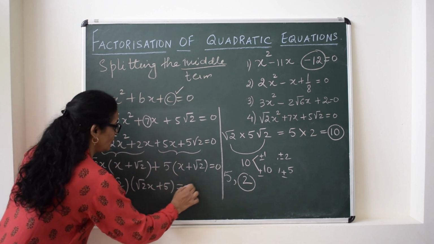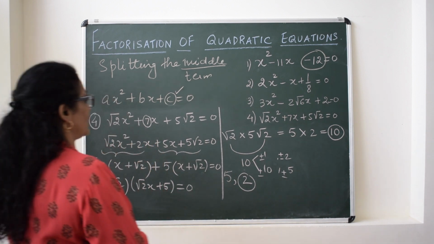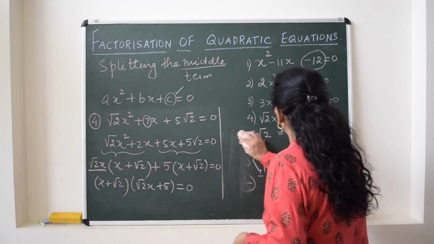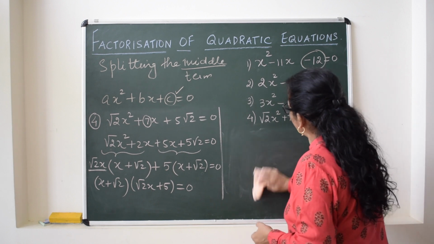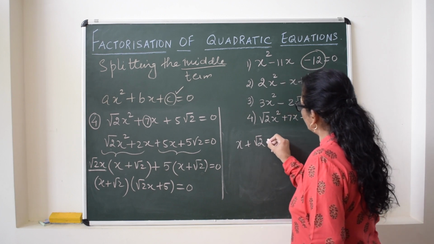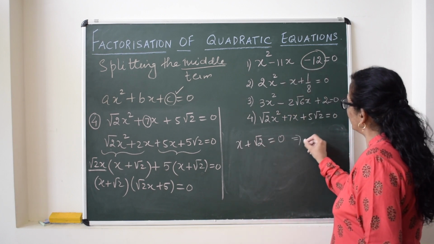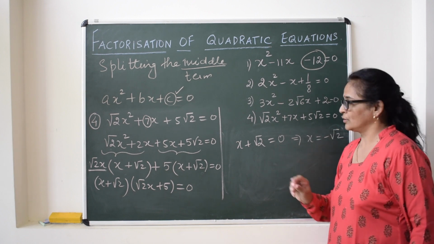Now we will equate both the factors by 0 and each factor will give us one root. So first factor x plus root 2 is equal to 0 will give us x is equal to minus root 2.